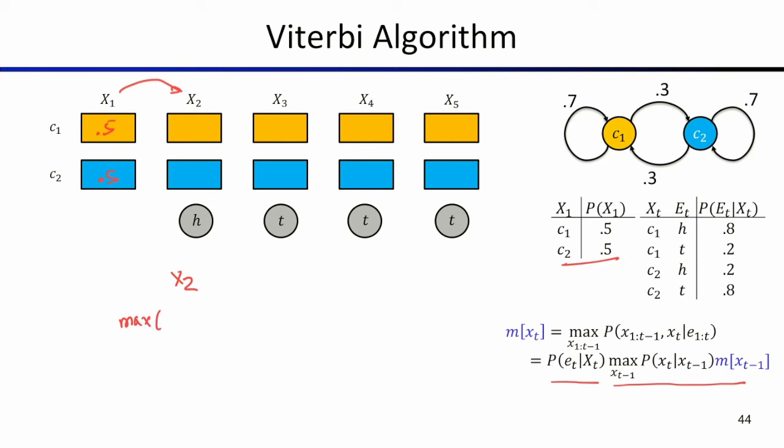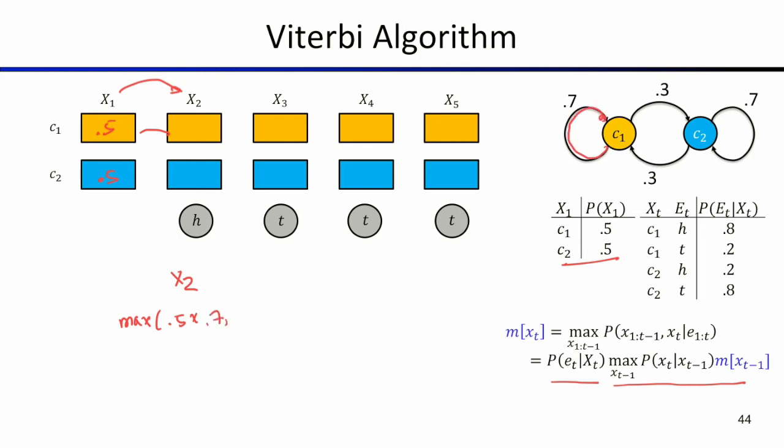One is that we came from the same coin C1, and in this case it's going to be 0.5, that is the probability of the coin C1, times, well, we are keeping the same coin, so that is easier for us. I'm going to keep the same coin here, going to be 0.7.